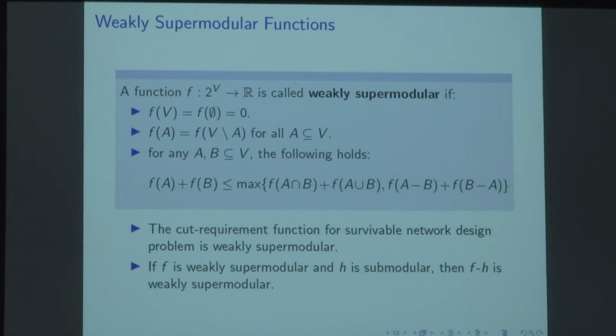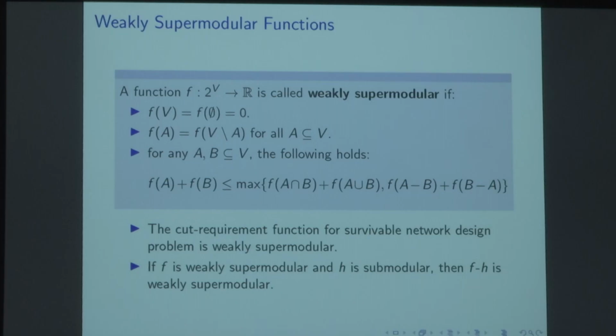In weakly supermodular, we want that f(A) + f(B) is at most one of those, instead of being supermodular where we want it to be at most both of them. It's a well-known fact that the function for survival is weakly supermodular. It's not very hard to verify that this is true.